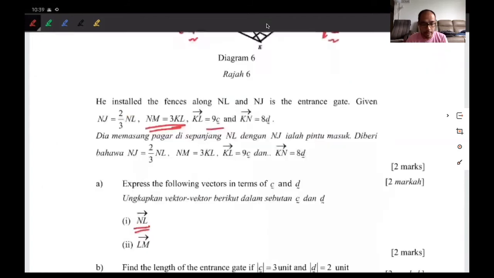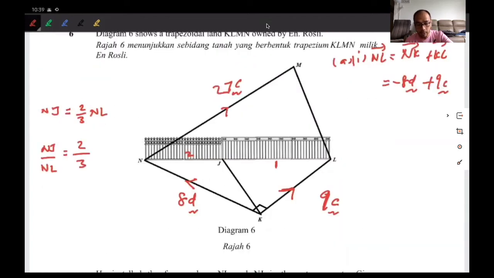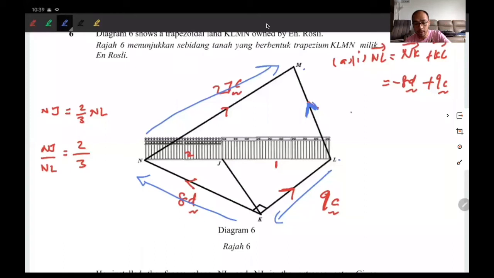Secondly is LM, L to M. I'm going to change this to blue. You don't actually have to use two vectors. Since this is a trapezoid, you can go the long way: L to K, K to N, and N to M. You will get L to M. So LM equals LK plus KN plus NM.